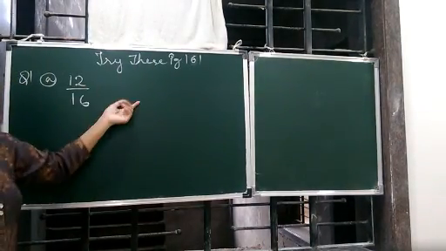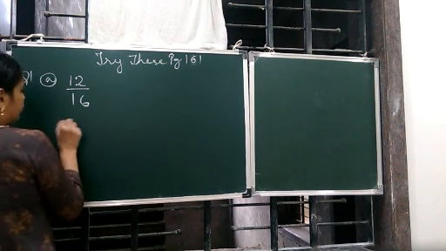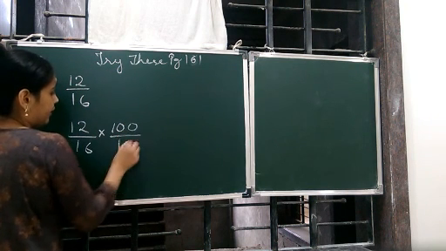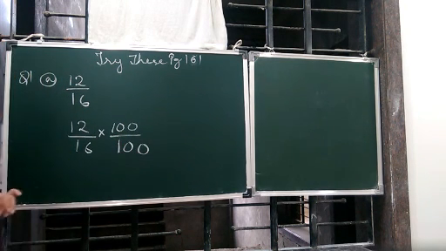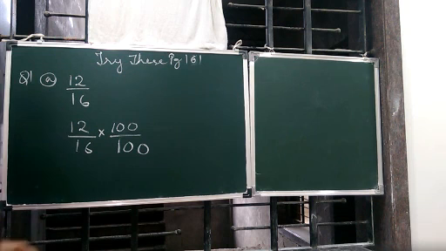That means you have to multiply by 100%, or you can say multiply by 100 upon 100. You can write either of the two, beta. Now you can divide these two or these two as you wish.